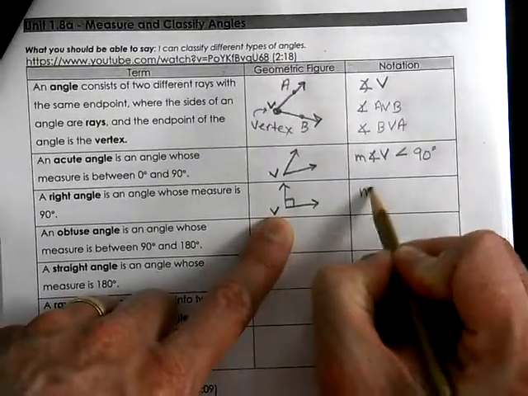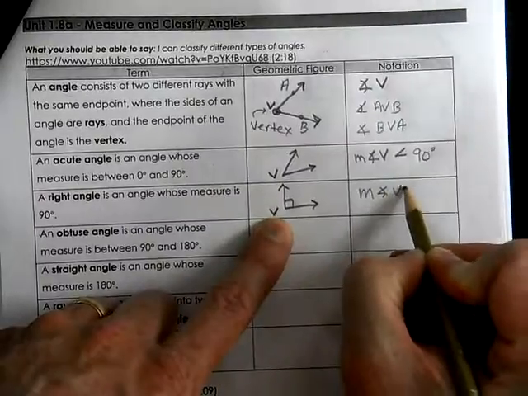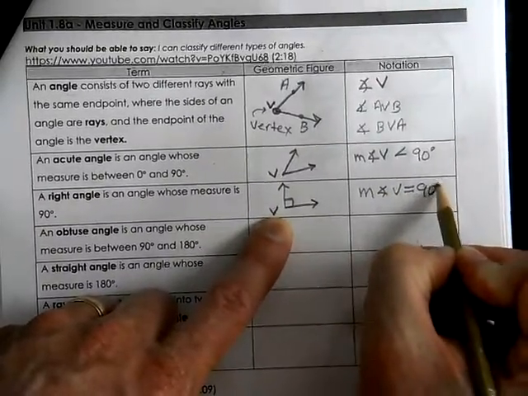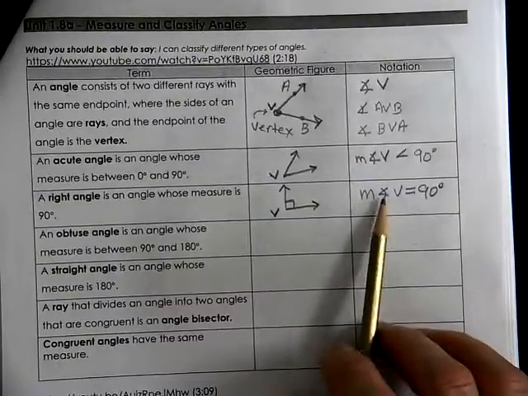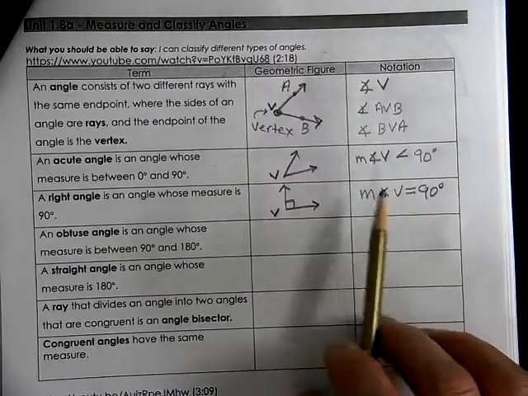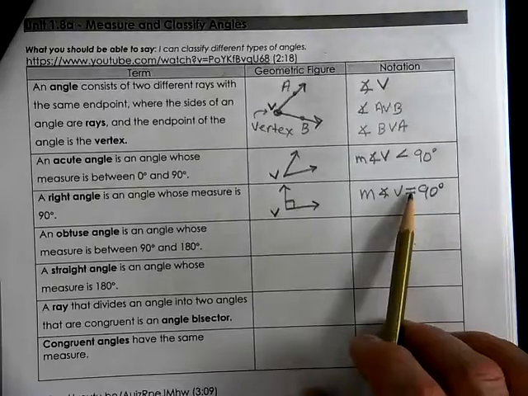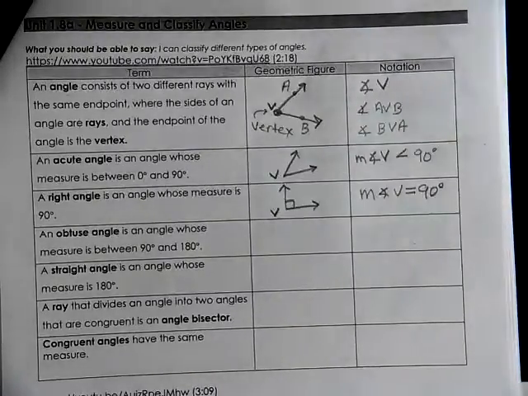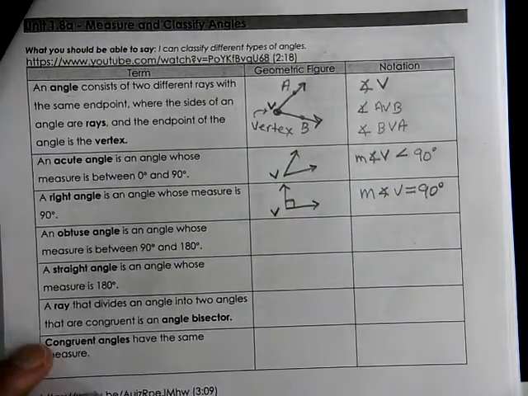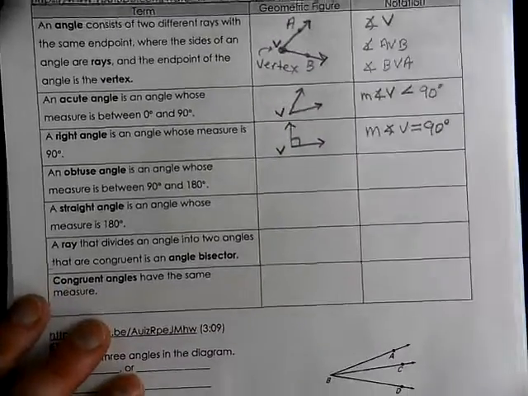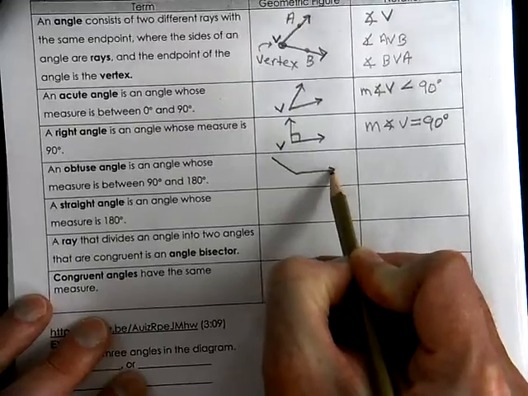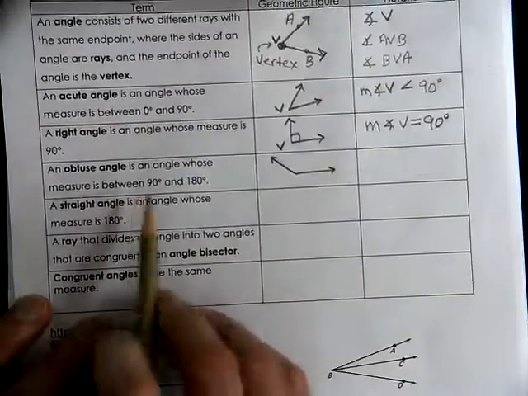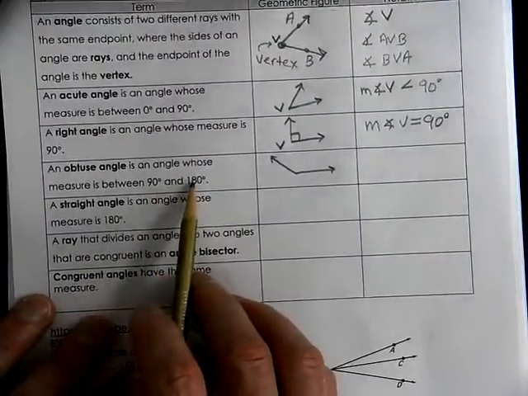So this would be the measurement of angle V equals 90 degrees. Notice how we use the M in front of the angle when we're talking about measurement. That's notation that you need to have in there correctly. An obtuse angle, those are the big angles. It's going to be between 90 and 180.